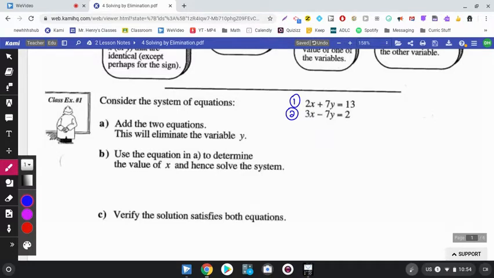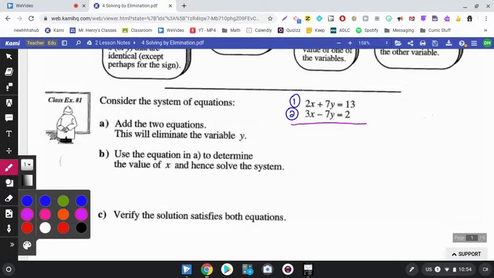Something to consider, something to know, I am allowed to add equations or subtract equations. So if I look at this setup right now, what I want to do is add these equations, and that's what it tells me to do. Well, adding would be, this is why I stack them up. I can add the x's, I can add the y's, and I can add the constants.